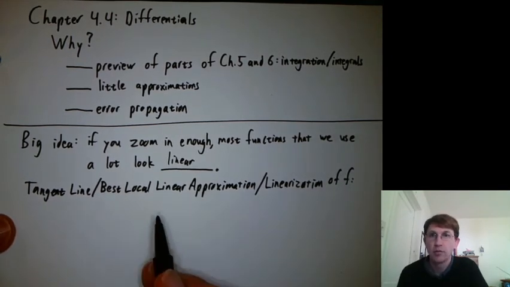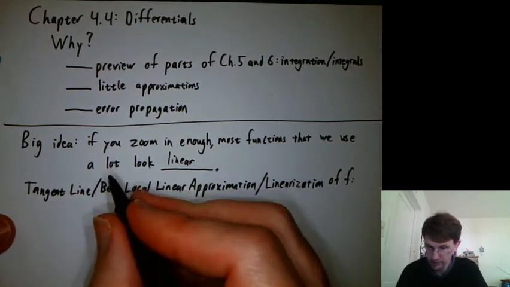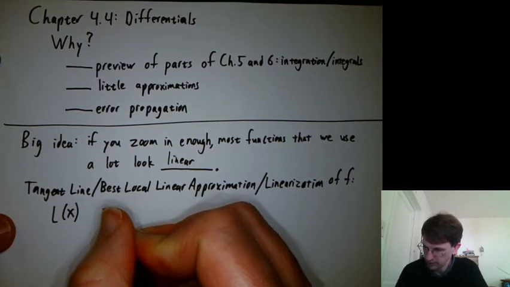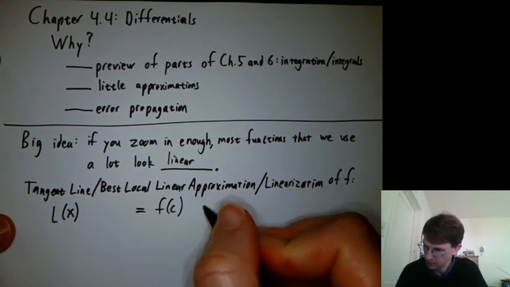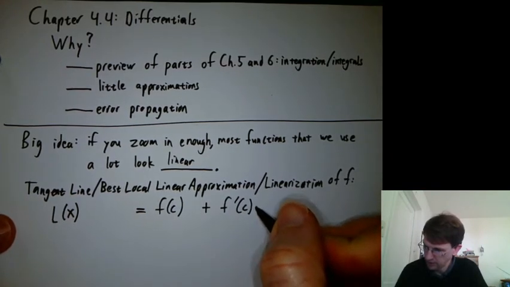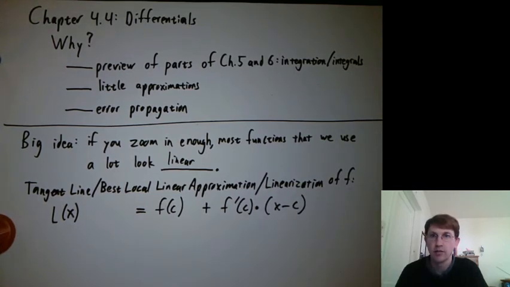So try to remember what the tangent line formula or the best local linear approximation formula is. Ready? L of x equals f of c plus f prime at c times x minus c. Hopefully you remember that. If not, pause the video and quiz yourself.